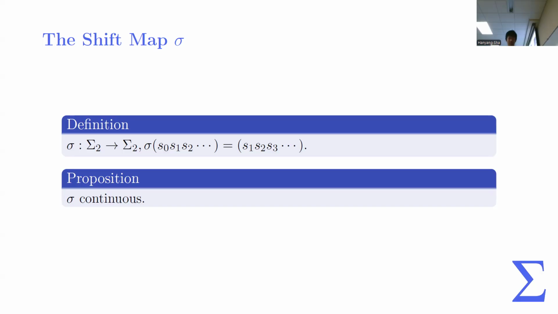Not very complicated. For example, you have epsilon and the first m bits agree, and then you just take something where the first m plus 1 bits agree, and it's within the epsilon.